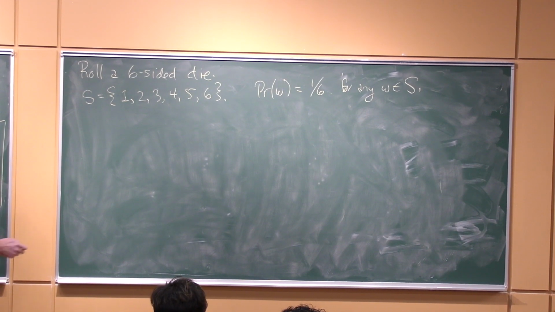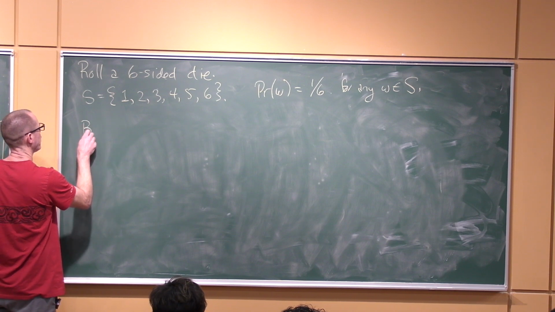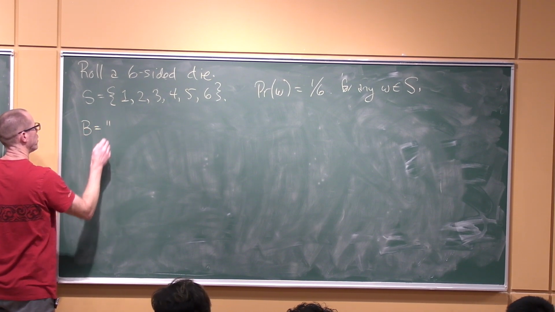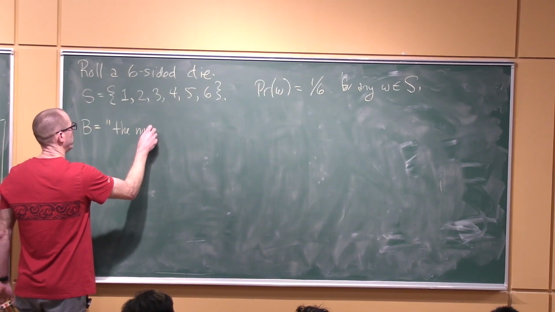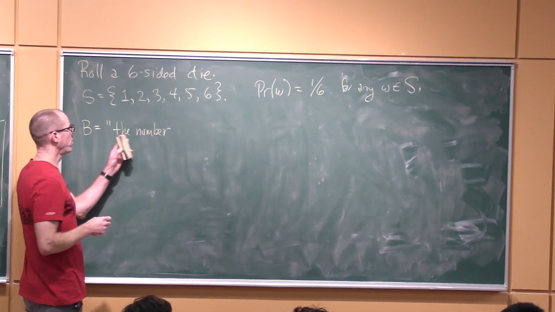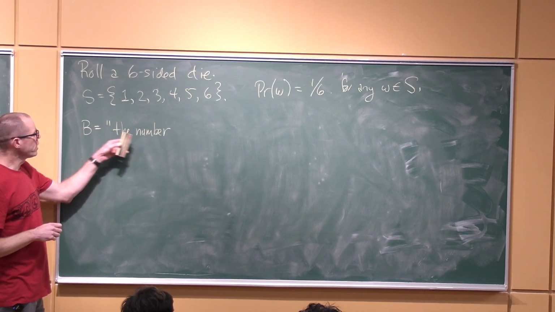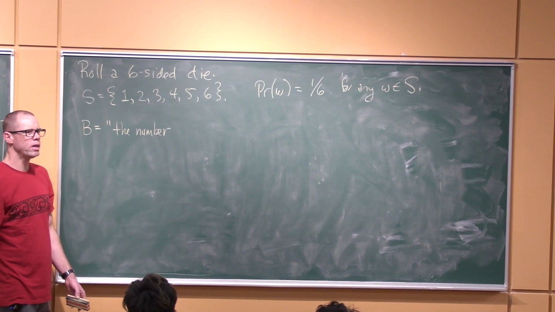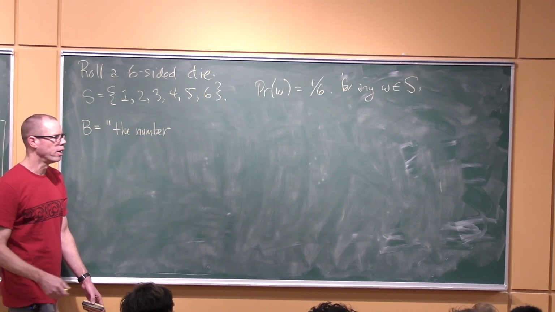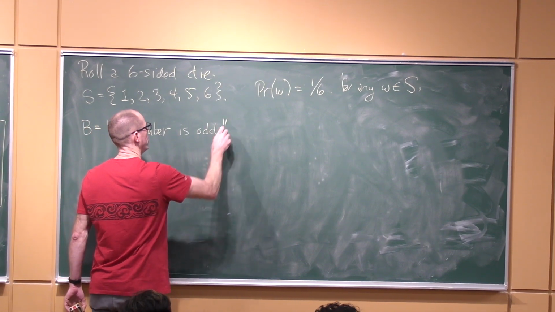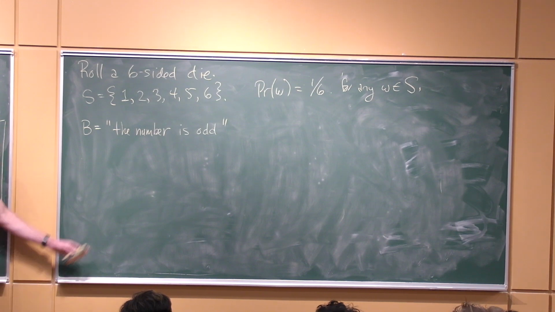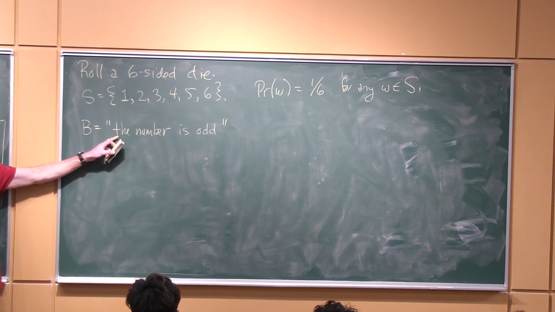Okay. So let's define an event B. When I put things in quotes like this, I mean the number that we see when we roll the 6-sided die. So here's an event described in language: the number is odd.